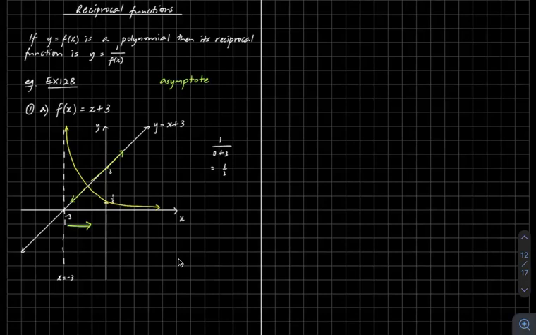If we use that same sort of logic, the reciprocal is doing a similar thing on this side, where as values of x go towards this asymptote, x plus 3 is getting closer and closer to 0, and so 1 divided by that is becoming a more and more negative number.